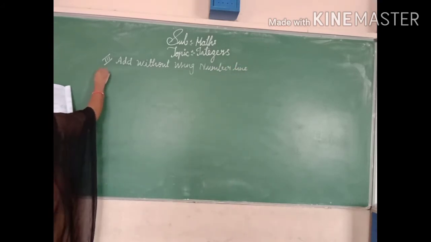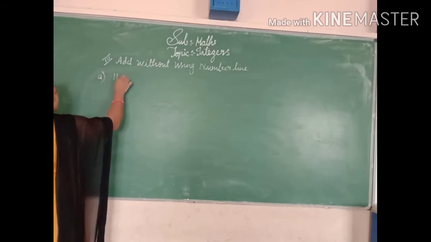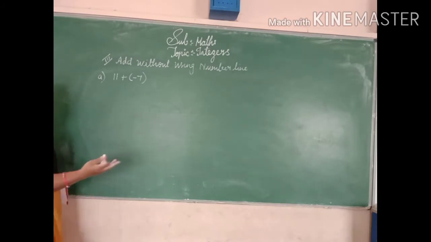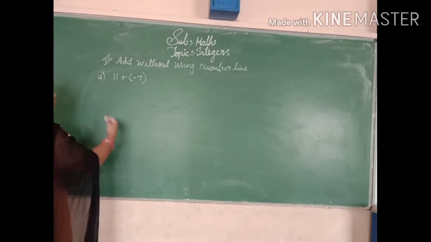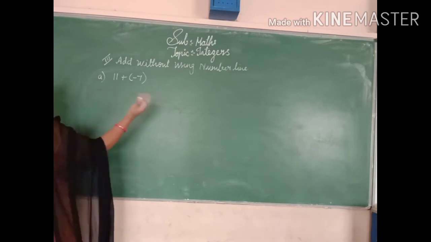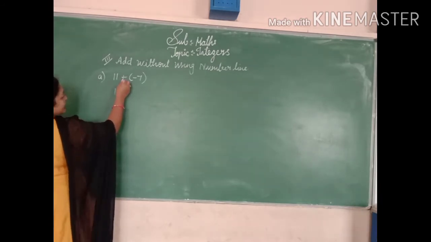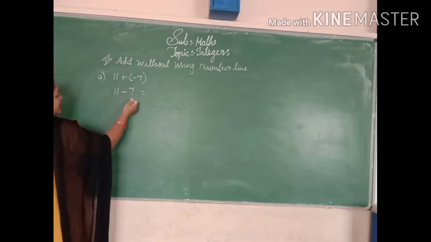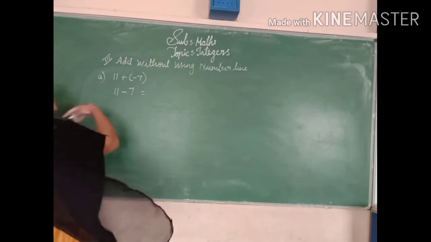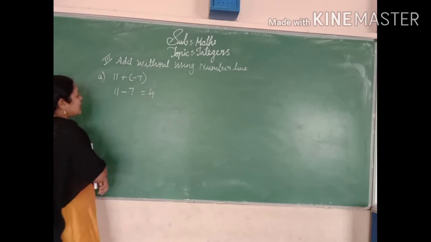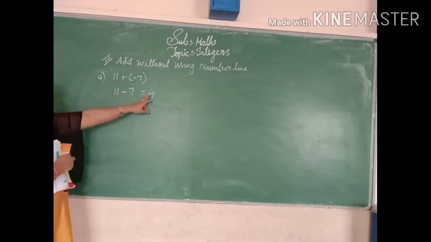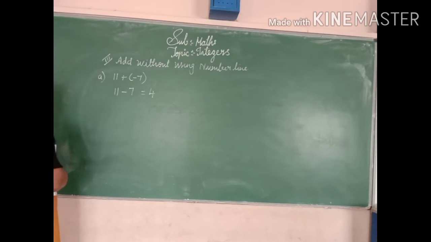So let us take A, 11 plus minus 7. So here we can do horizontal addition itself. We need not write it into numbers and do it. 11 plus into minus, minus 7. 11 minus 7 is 4. So here the symbol of the greater number we will put to it. The symbol of the greater number 11 is plus. So we write plus 4.